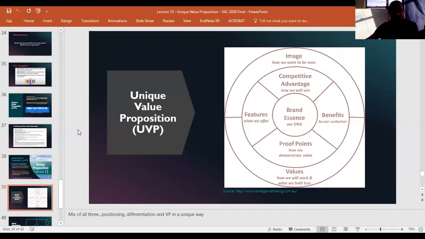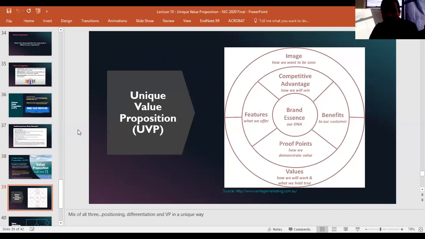But overall, let's go back. What are the things which are remaining? If we understood the unique value proposition, as I said, it does contain every aspect related to positioning, differentiation, and value proposition.